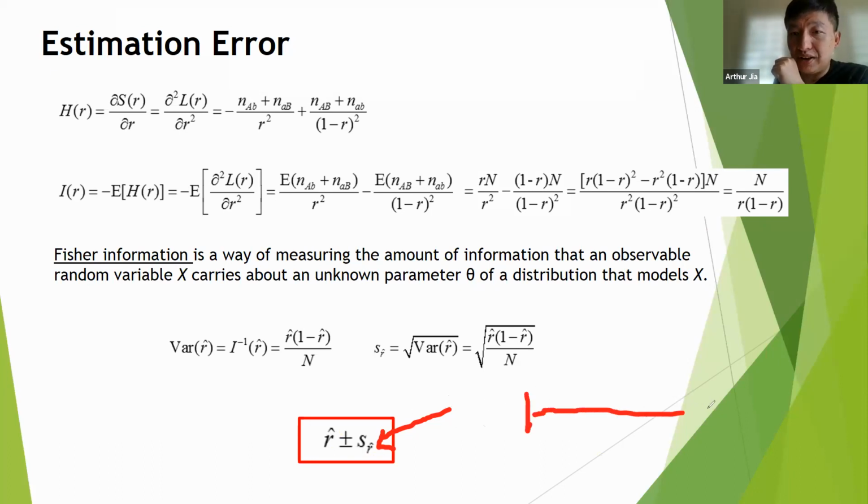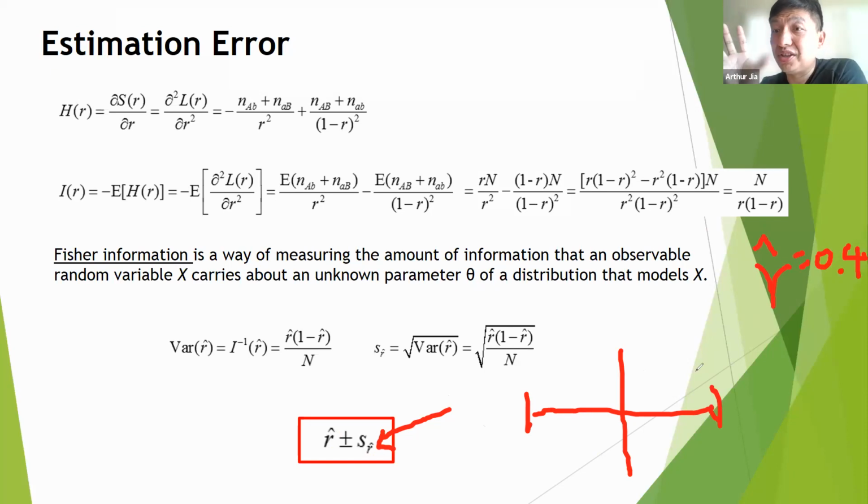Also, if you have a range like this, this range can help us form a hypothesis test. Because for example, if you estimated your R equals 0.4, can anyone tell me what that means? R here represents the genetic distance between A and B, and based on your backcross experimental data, you estimate R equals 0.4. What does that mean?